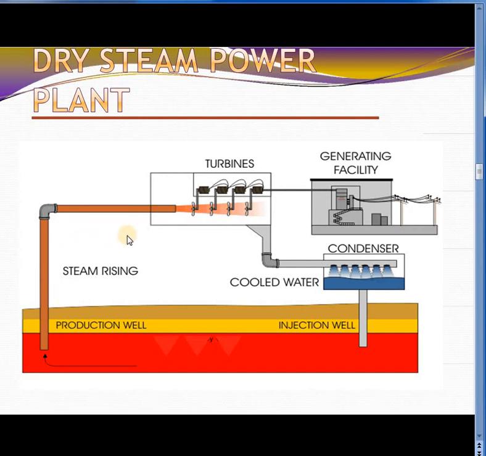You will need a stone catcher, to make sure that only hot water or hot steam is sent to the turbine, and the rocks present in the production well don't go to the turbine and damage it.